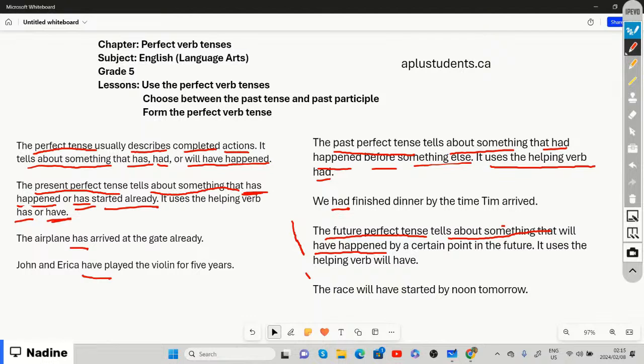So the race will have started by noon tomorrow morning.